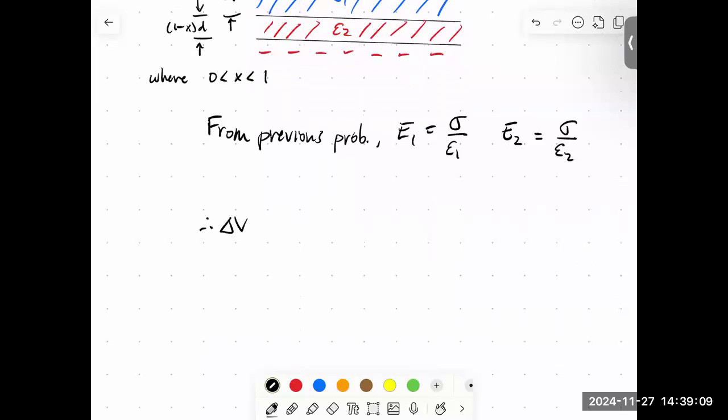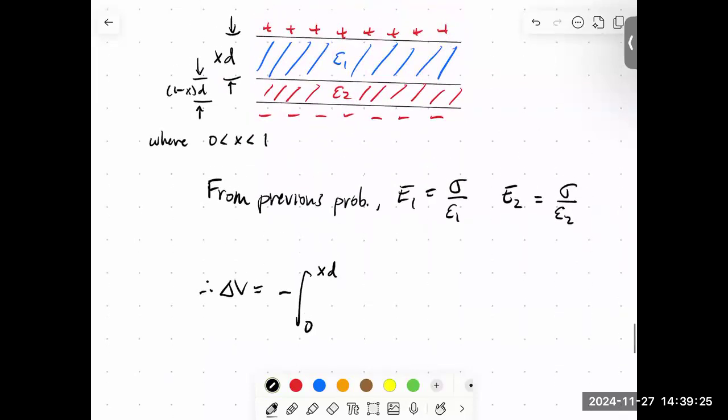So I'm going to calculate the potential difference across our capacitor. So it's E dot dl with a minus sign. I don't really care about the minus sign for this problem, but we're going to go from 0 to x times d.